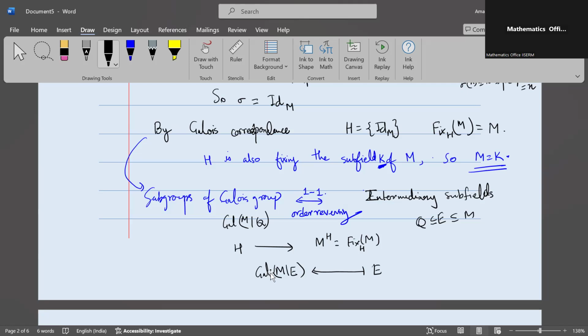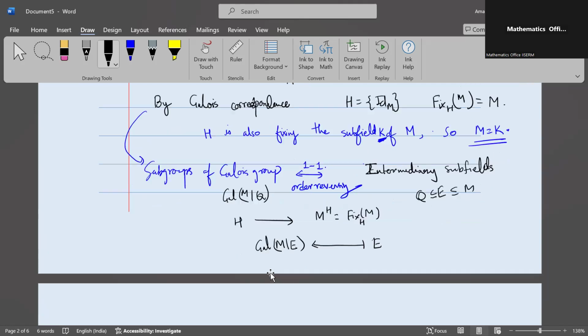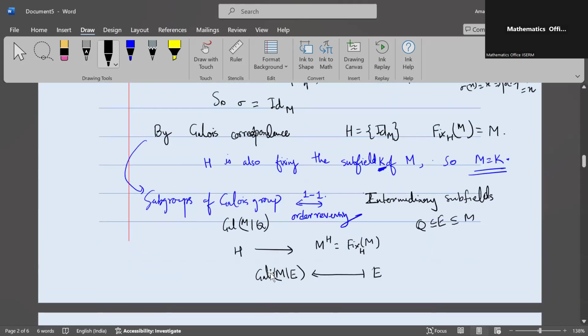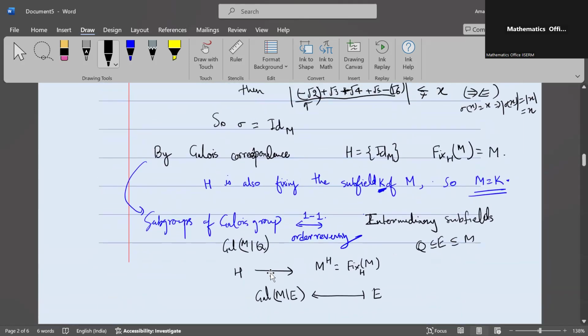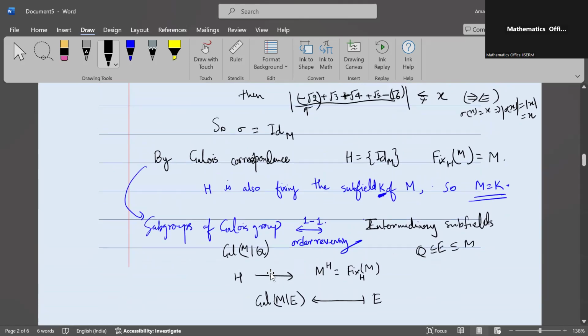Okay, so good. Up to now, I hope you understand this, because H is identity. So H is only the trivial subgroup, which fixes M, and H is also fixing K. Why?